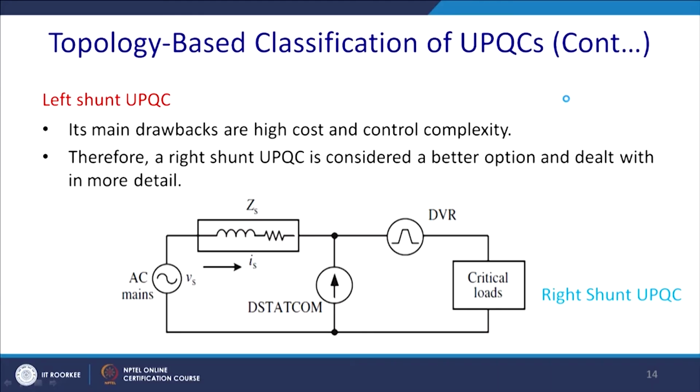And in the same way we can have a left shunt. So, this is the combination. The main drawback of this is high cost and control complexity. Therefore, the right shunt UPQC is considered the better option. So, this is the right shunt UPQC.